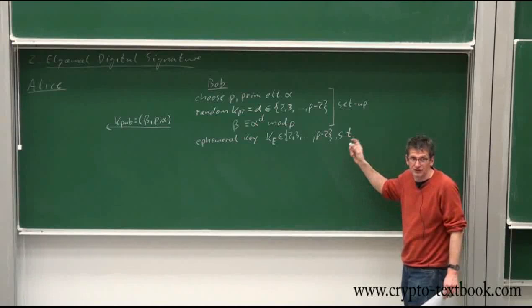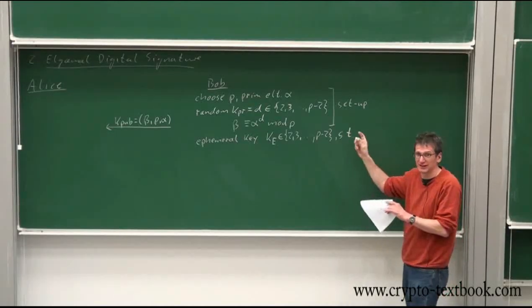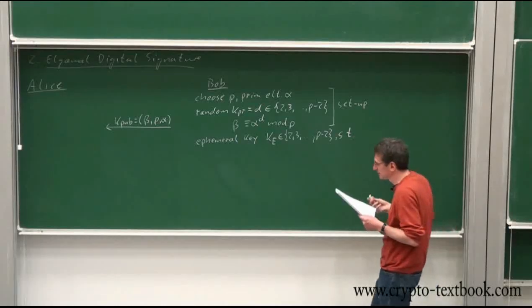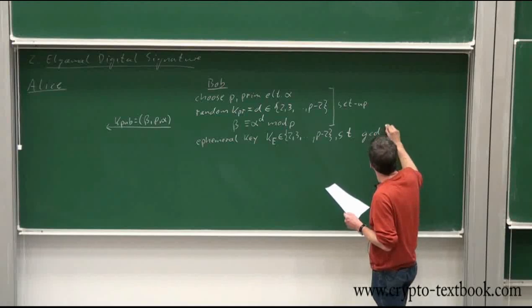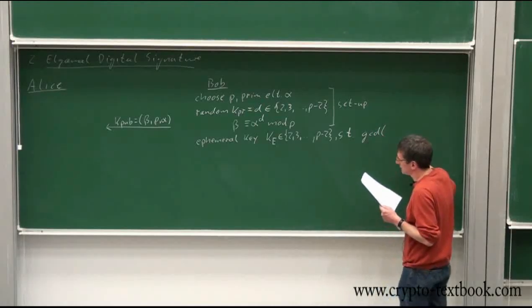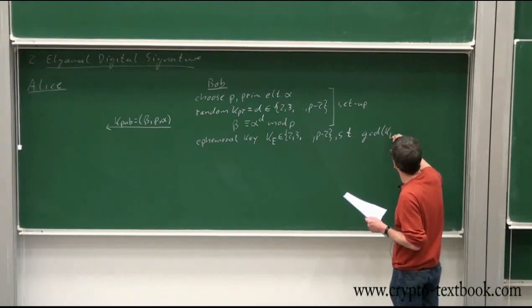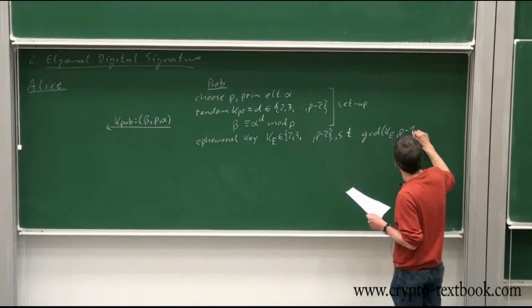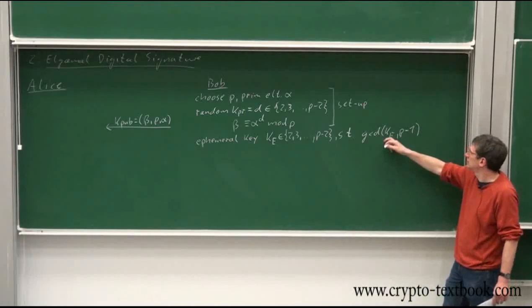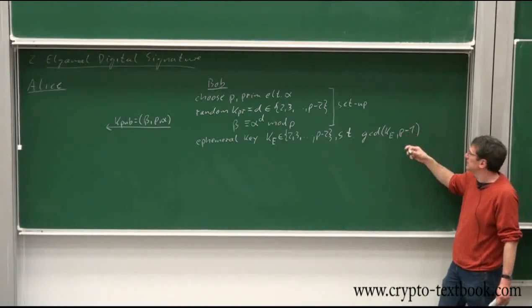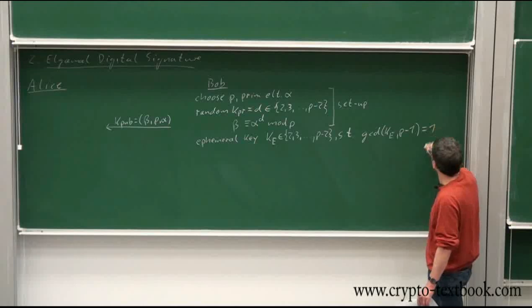Such that, with the additional condition that the GCD, the greatest common divisor, of this ephemeral key, the key we just computed, and p minus 1 is 1.